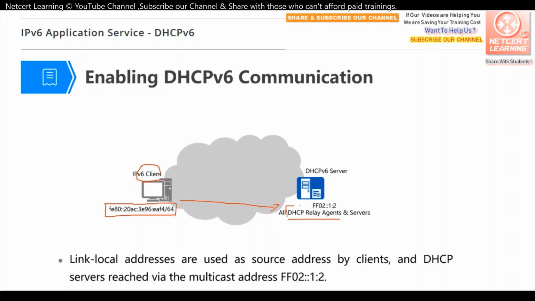The relay is used only when the server and the client are not connected to the same link. If they are in the same link, we will not need the DHCP relay. The DHCP version 6 will use this multicast address to indicate all the DHCP servers and the DHCP relays address.